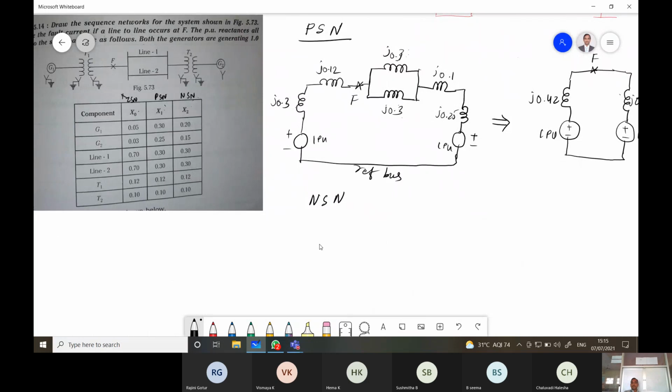For negative sequence network, no voltage sources are present.